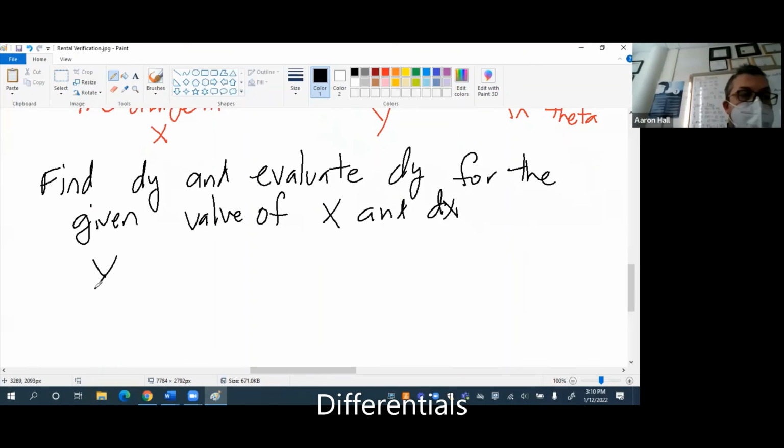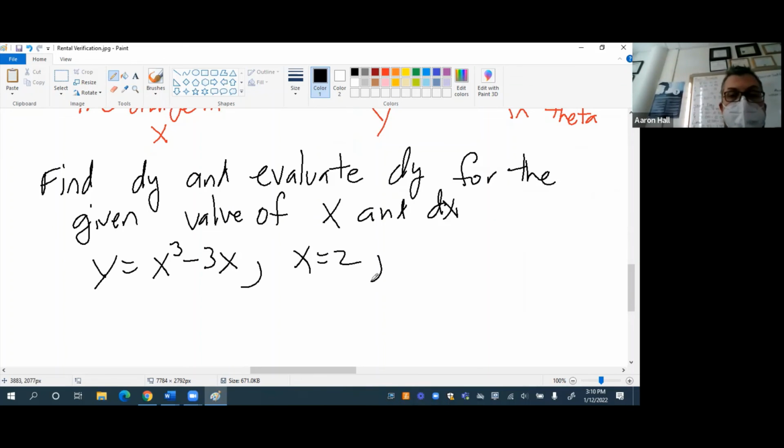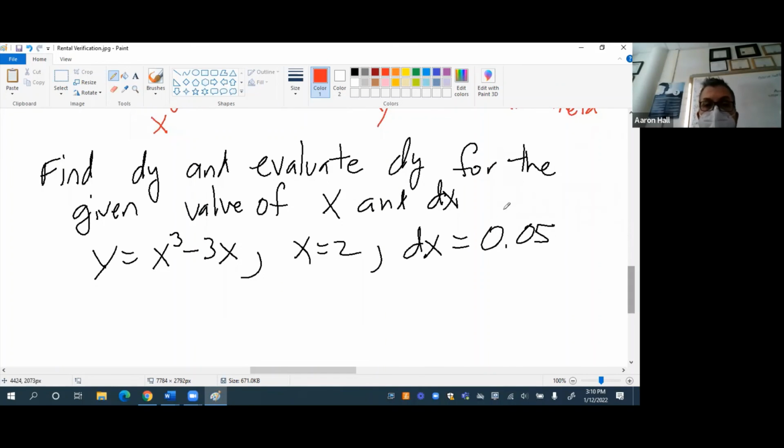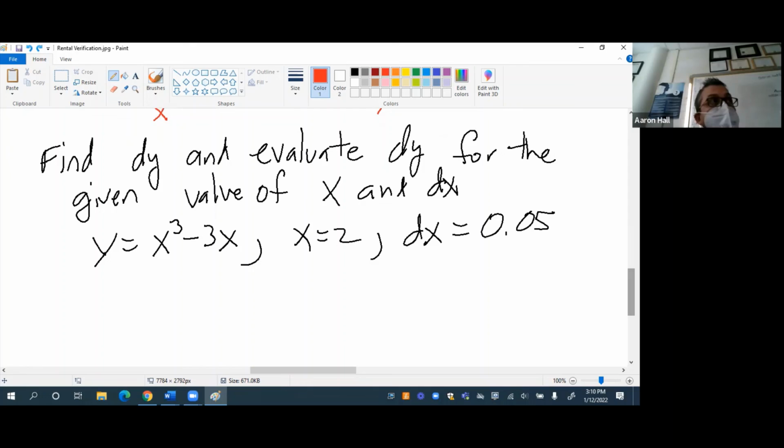I'm given y equals x cubed minus 3x, x equals 2, dx equals 0.05. What do I do? I want to solve for dy. How do I do it? How do I solve for dy?